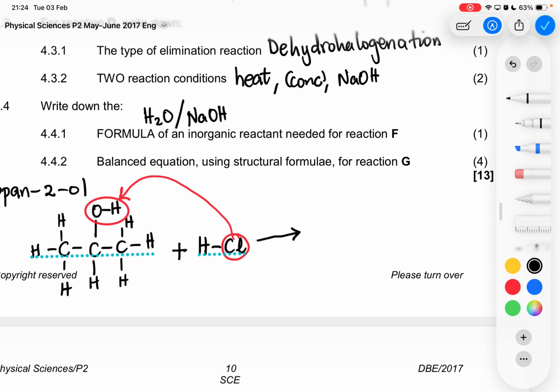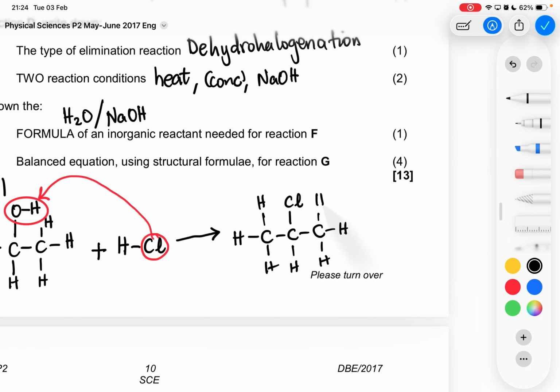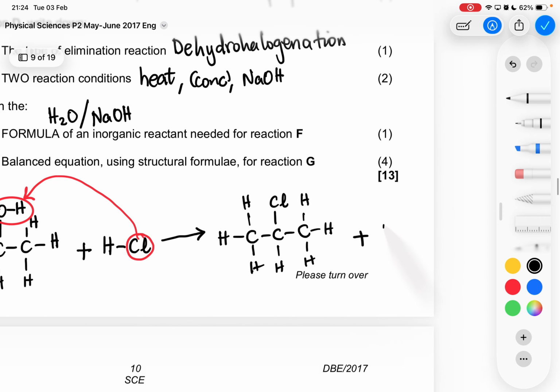So when we do that, we are going to have, plus water.